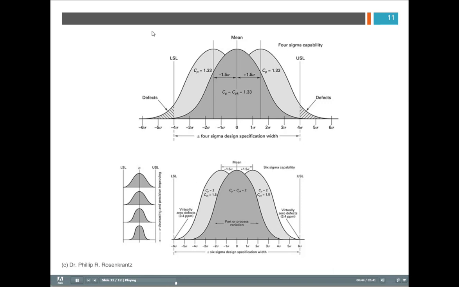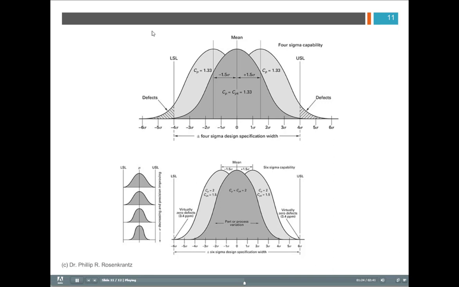If, however, we have a process like shown below, where we've reduced the variation to where we have Six Sigma capability, that is, we have plus and minus 6 standard deviations between where the process is centered and the upper and lower spec limits, then if the process were to shift due to an assignable cause as much as plus or minus 1.5 standard deviations, we would still only have, as far as defects, 3.4 parts per million.